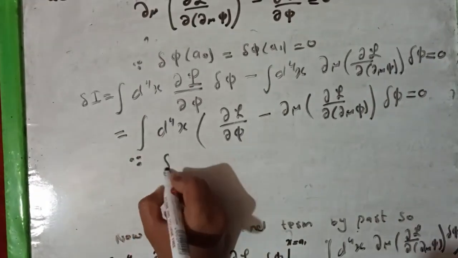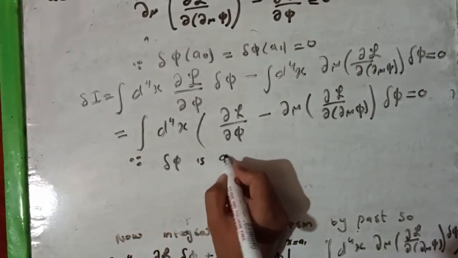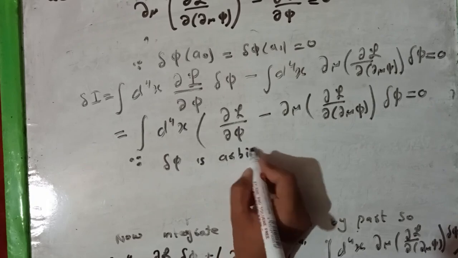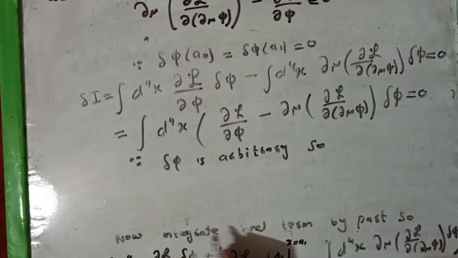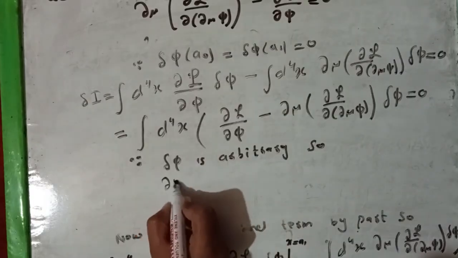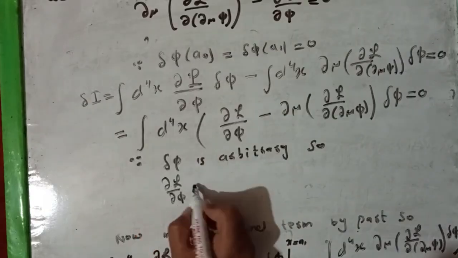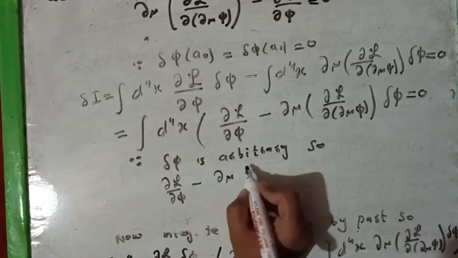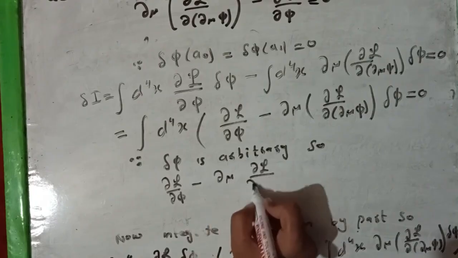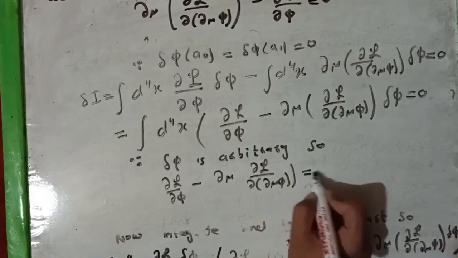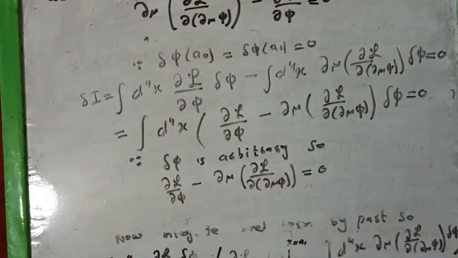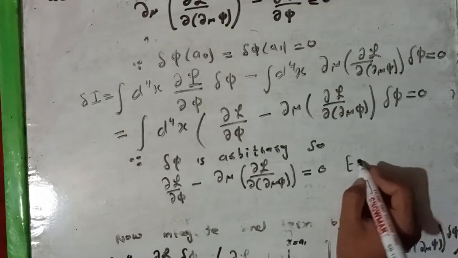Since δφ is arbitrary, this term becomes ∂L/∂φ − ∂_μ(∂L/∂(∂_μ φ)) equal to 0. This is the Euler-Lagrange equation.